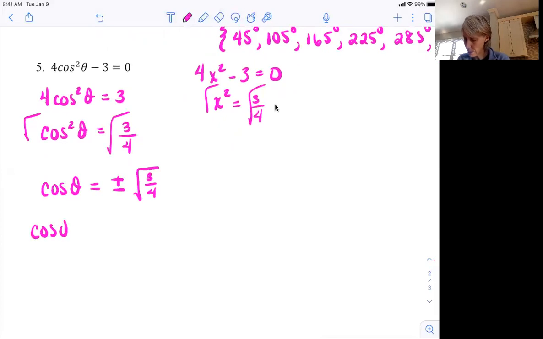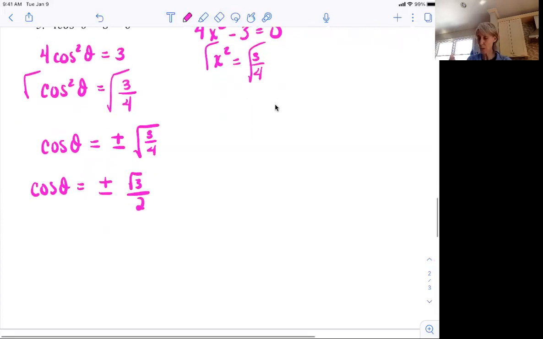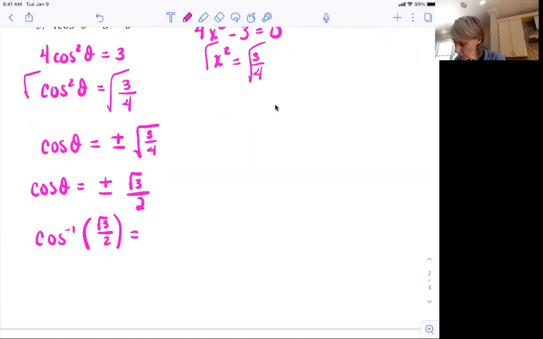And this is going to simplify to plus or minus radical 3 over 2. Now our function value is something that comes off one of our special triangles. So we solve for our positive function value. The angle whose cosine is radical 3 over 2 is going to be a 30-degree angle.